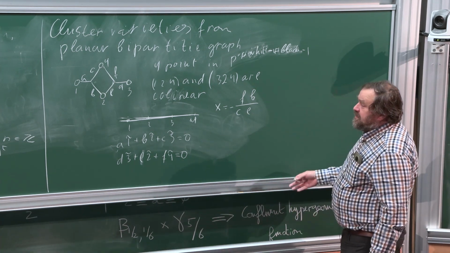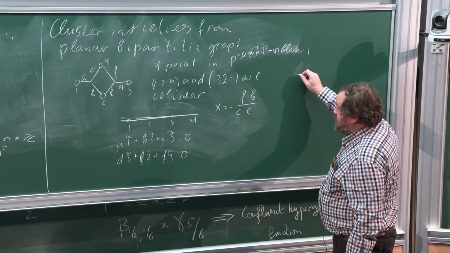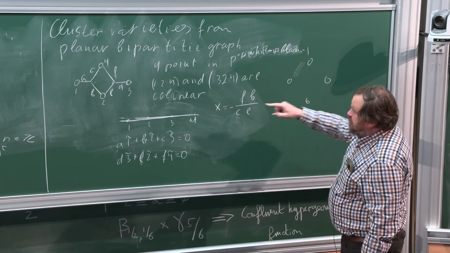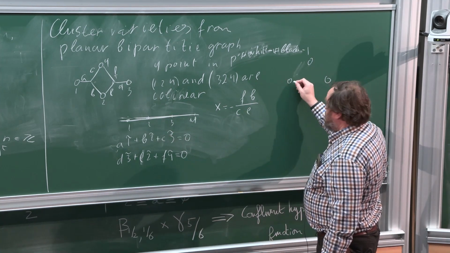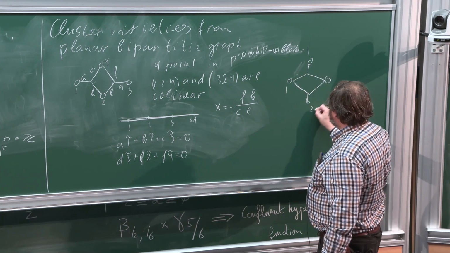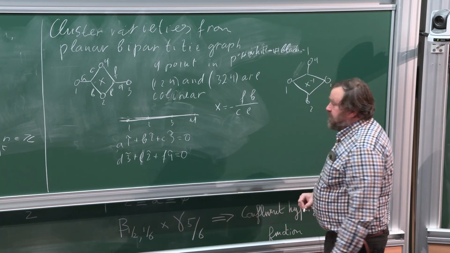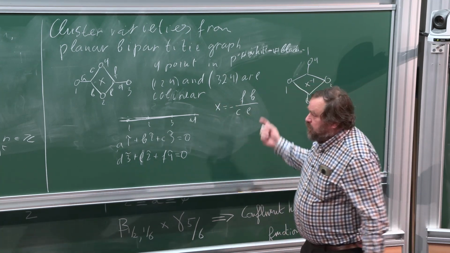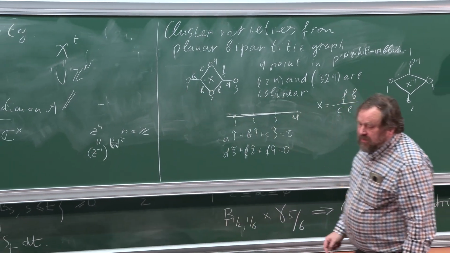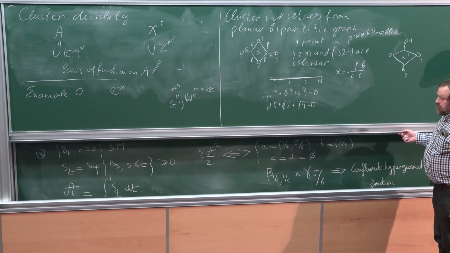And it's an easy exercise in first-year or high school geometry to verify that if instead of this graph you draw the graph which is just this one, 1, 2, 3, 4, then instead of x here you will get x inverse. So you parameterize 4-tuples of points by one number, and there is a transformation which sends this number to its inverse, corresponding to the transformation of the graph.